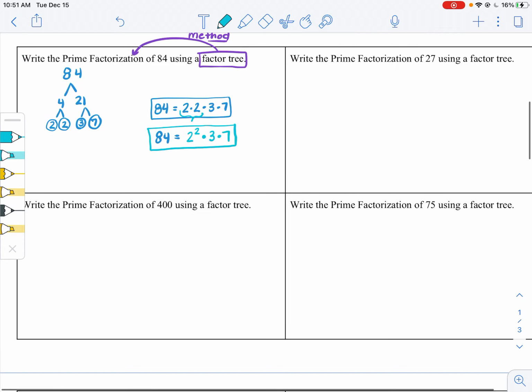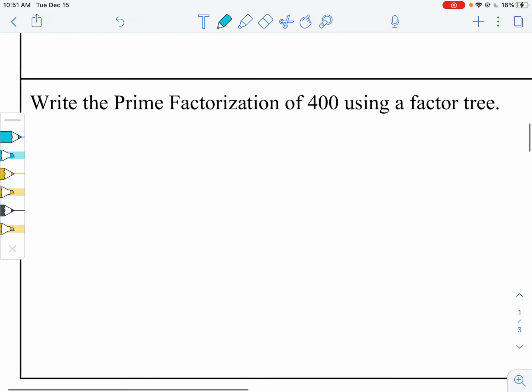Let's go to the next one. We'll do 400. So I'm going to start out with 400 over here, and we can do any combination. We could do 4 times 100, we could do 2 times 200, we could do 40 times 10. It doesn't matter. So I'm going to start us out with 4 times 100. Okay?